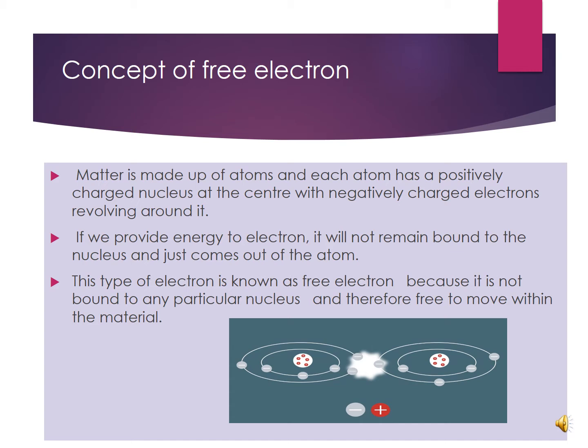If we provide extra energy to an electron, what will happen? The electron will not remain bound to the nucleus and will just come out of the atom. This type of electron is known as a free electron because it is not bound to any particular nucleus and is therefore free to move within the material.